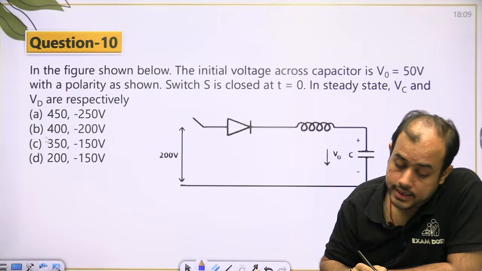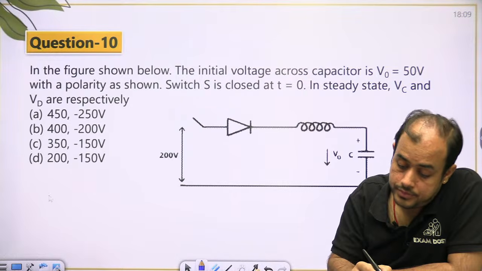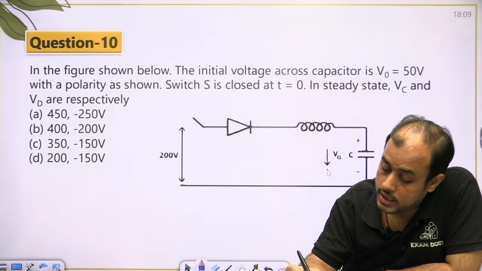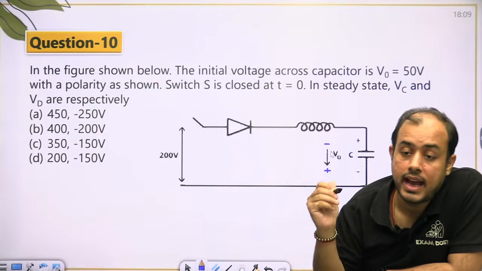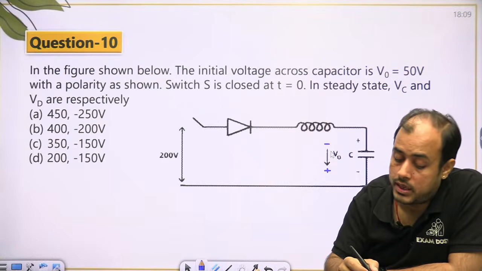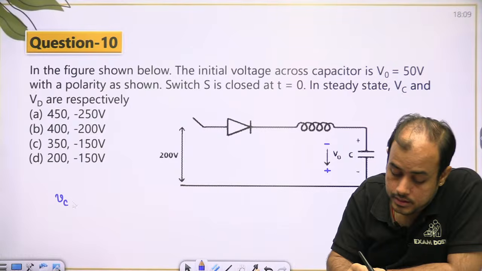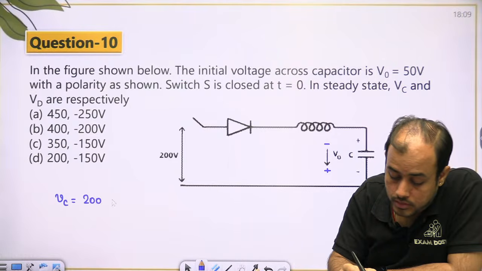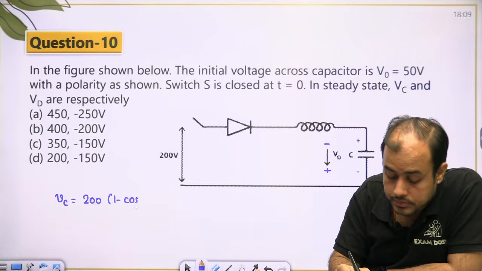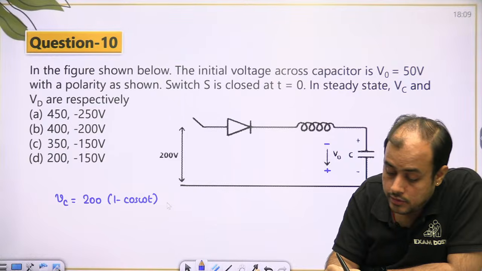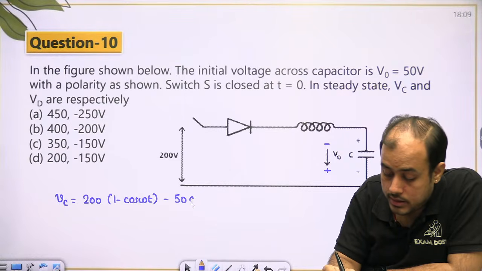Okay, in the steady state VC and VD, तो V नॉट की पोलैरिटी ऐसे दिखाइए, माने एरो मीन्स इट इज फ्रॉम माइनस टू प्लस ऑलवेज. V naught polarity is opposite.